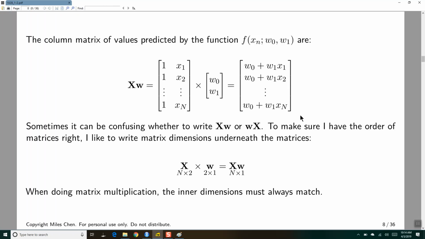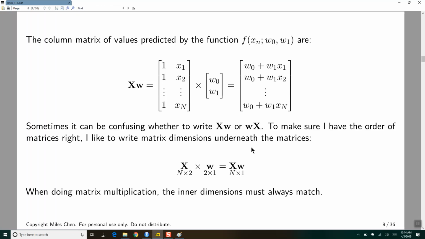And so by just doing X times W, matrix X times the vector W, we get to create a vector or a column matrix of all of our predicted or fitted values.